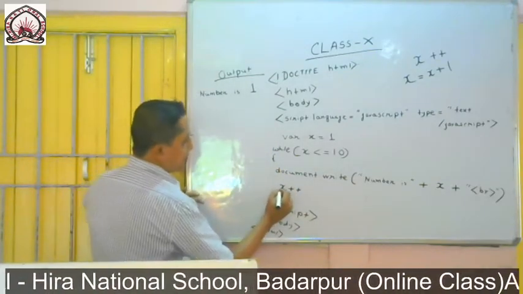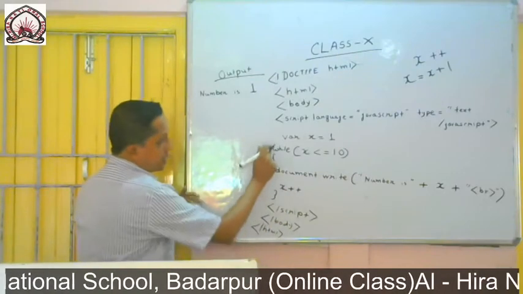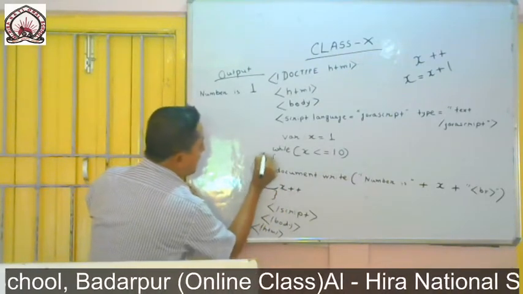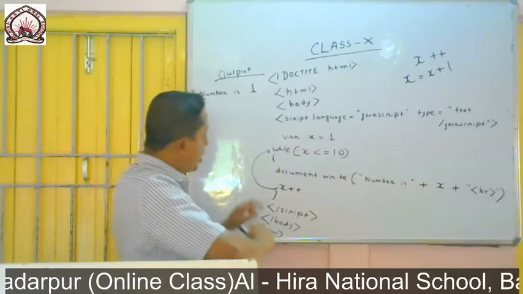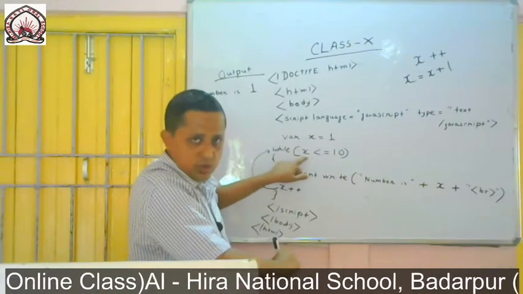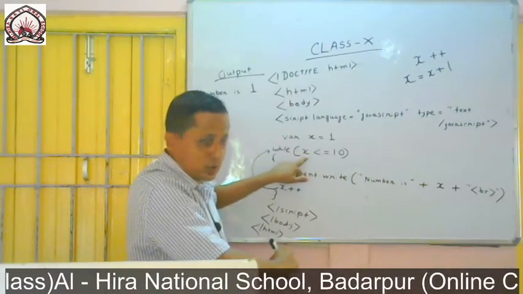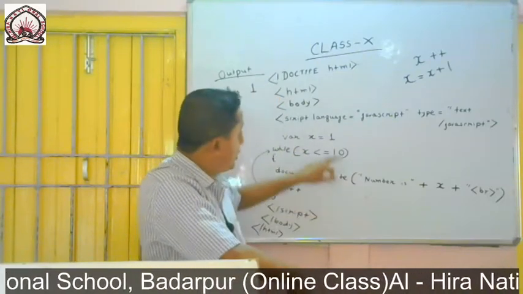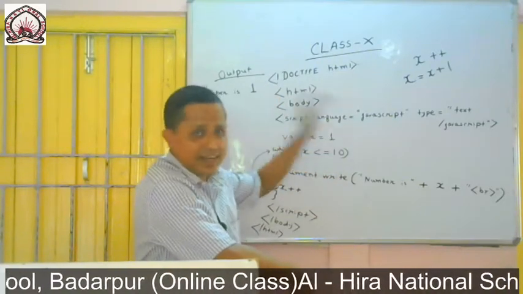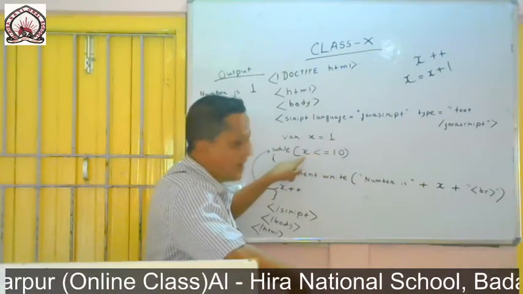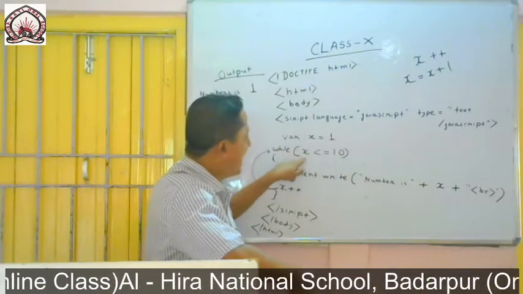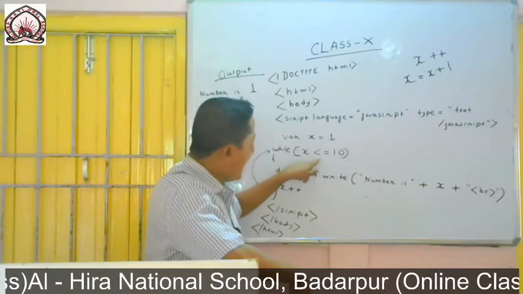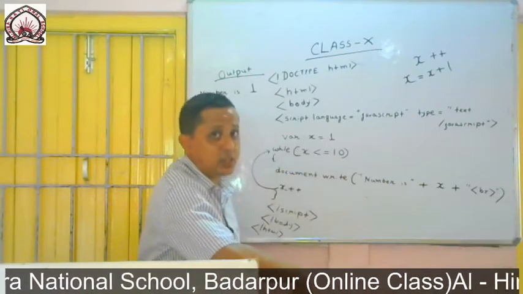Next, it will come here. The value of x is 2. I forgot to tell you earlier, it checks like this. At the starting point, the value of x was 1. So it will check whether 1 is less than or equal to 10, whether it is true or false.